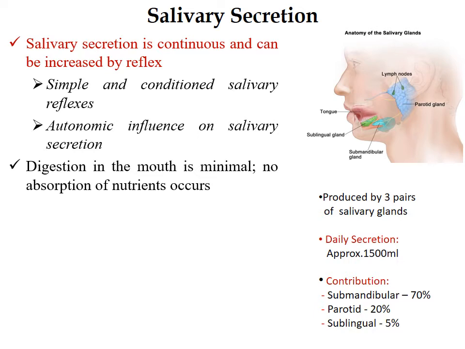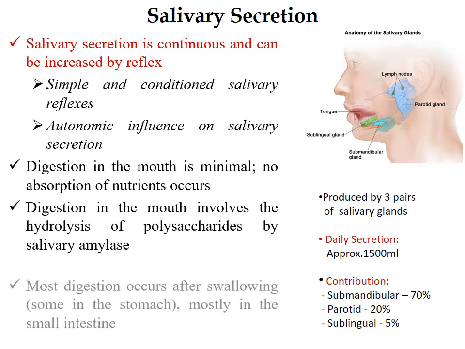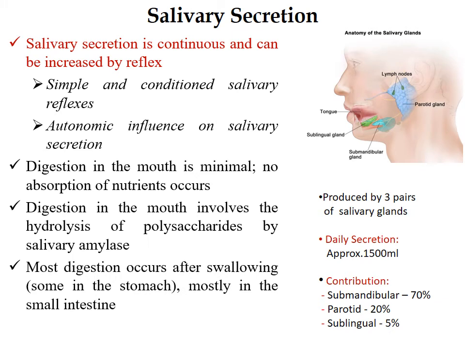By the time it is swallowed, it goes through the esophagus and then to the stomach. So the food is not staying much time in the mouth. Digestion in the mouth involves the hydrolysis of polysaccharides by salivary amylase.